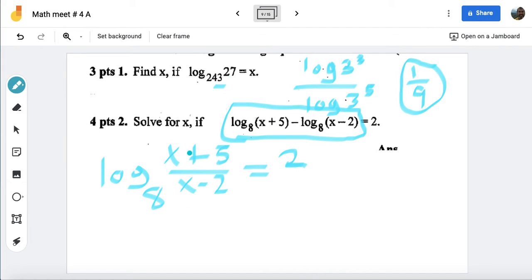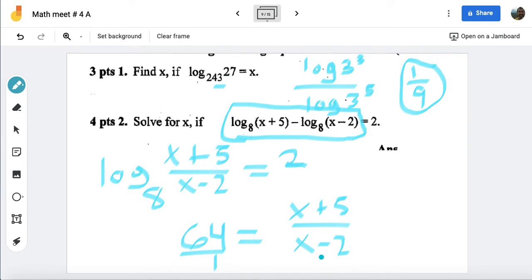So now that I have it as a single log, I can rewrite it. 8 squared equals this mess. 8 squared is 64, so 64 equals x plus 5 over x minus 2. Now I have a proportion.